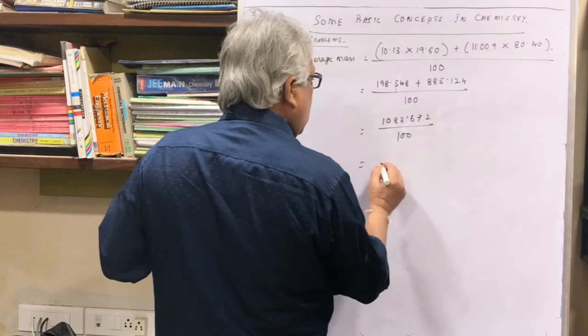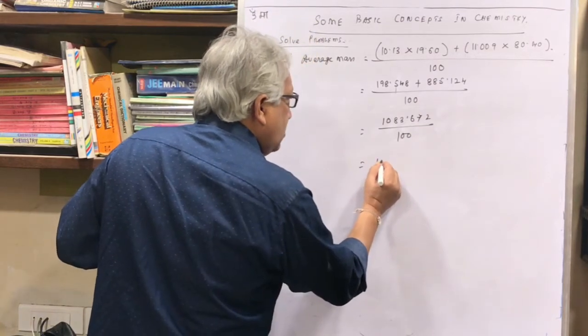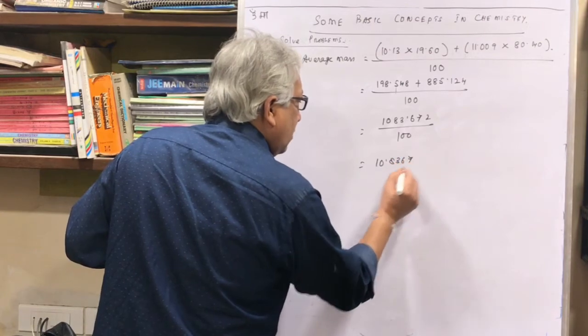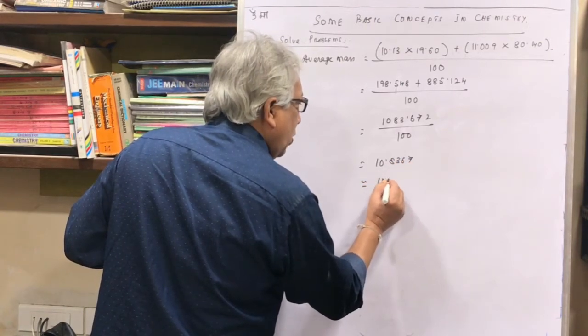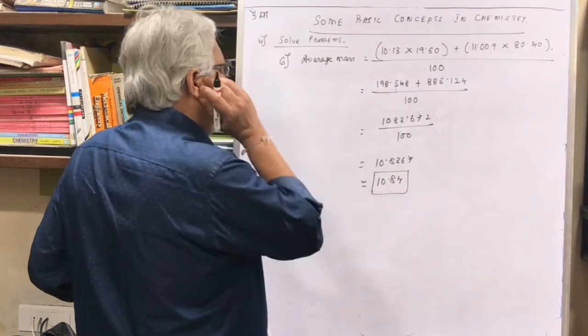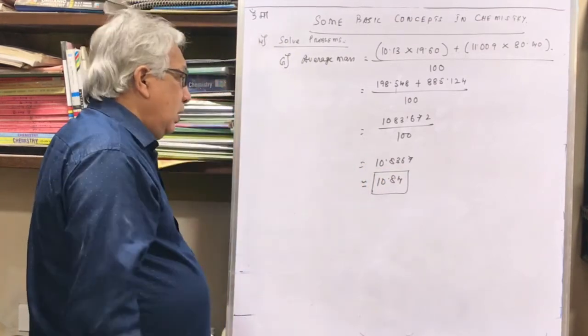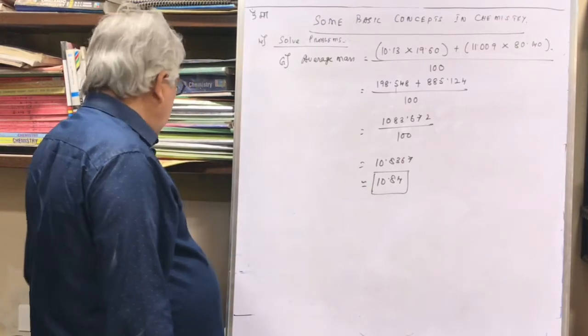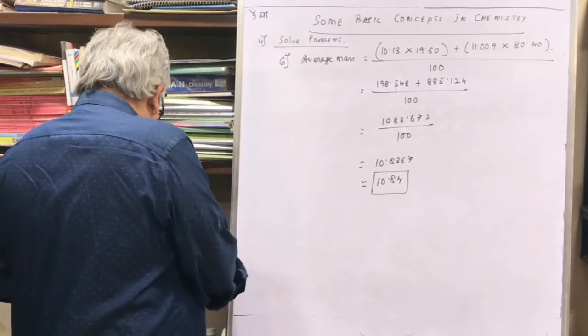So that will come to 10.8367, which you can take as 10.84. So average isotopic mass of this boron will be 10.84. Is it clear to you, children? So with that, problem G is over.